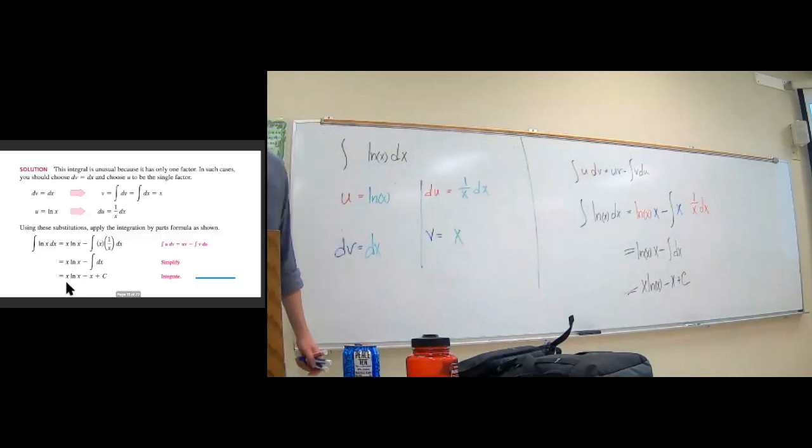So checking our work, that's exactly what they did, right? They said, cool, let's set dv equal to dx. Well, let's set u equal to the ln of x. Well, that's going to tell us that v is equal to x, and du is equal to 1 over x dx. So when we plug all of these into the integration by parts formula, we get exactly what we just found.